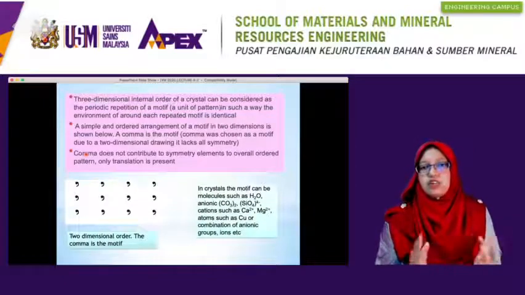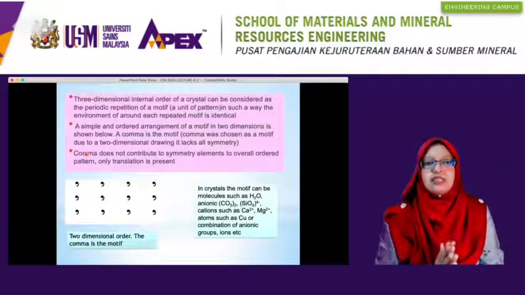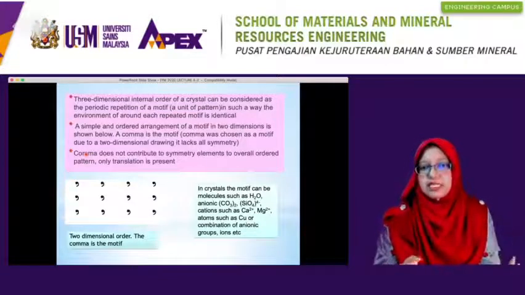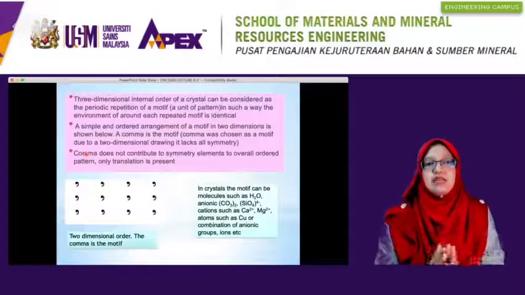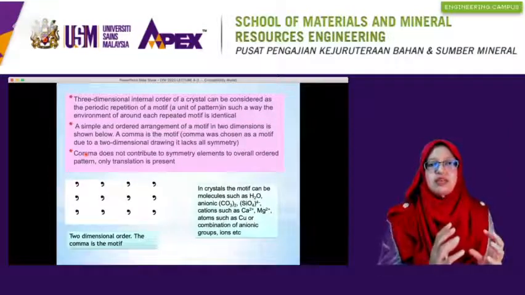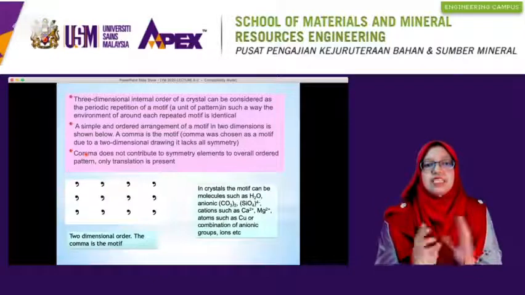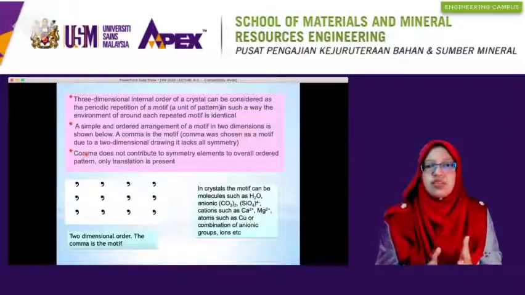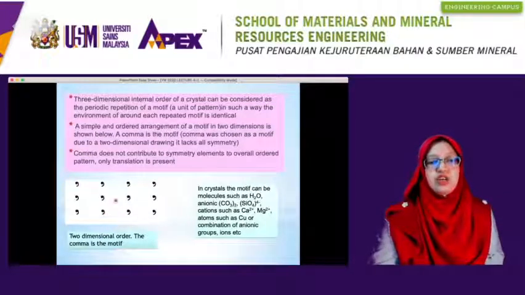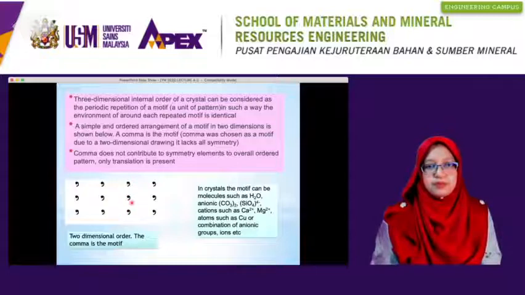The three-dimensional internal order of a crystal can be considered as the periodic repetition of a motif or a unit of pattern in such a way that the environment around each repeated motif is identical. A simple and ordered arrangement of a motif in two dimensions is shown here. You can see here is a two-dimensional order, and we use a comma as the motif.